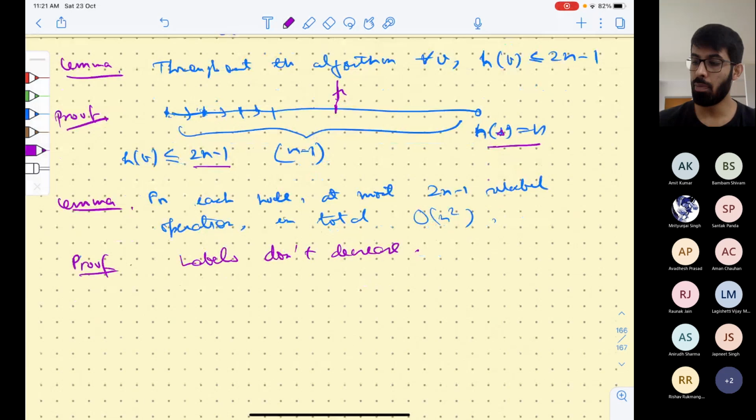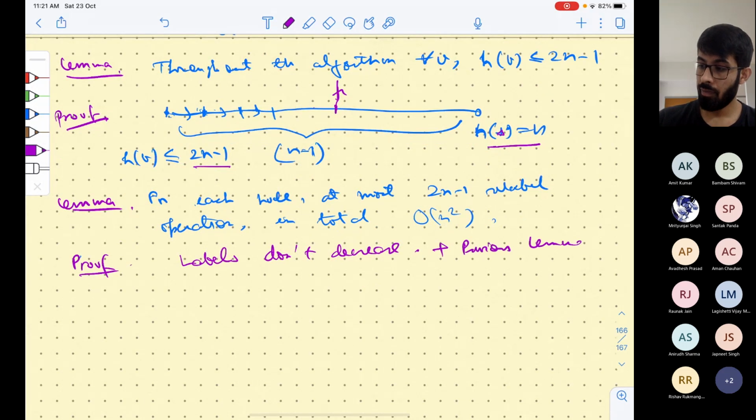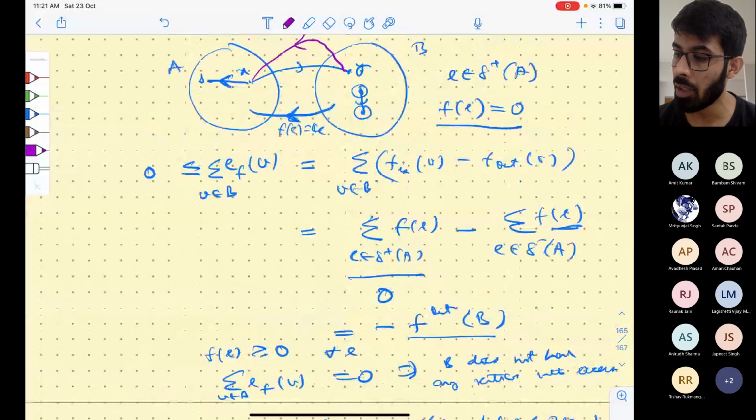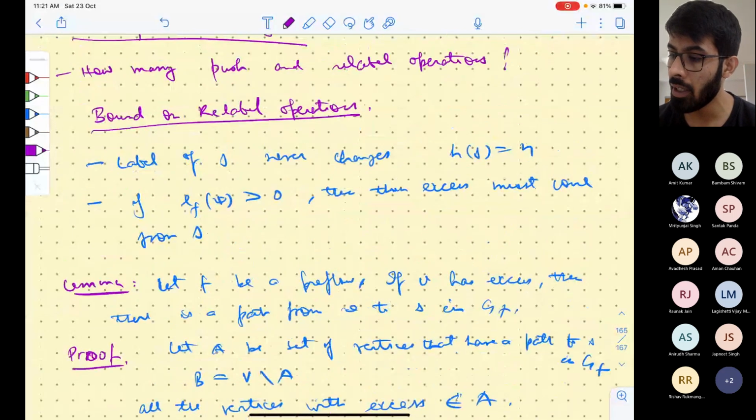And that's the proof, plus the previous lemma. So this gives a bound on the relabeling operations. So this was the easier part.